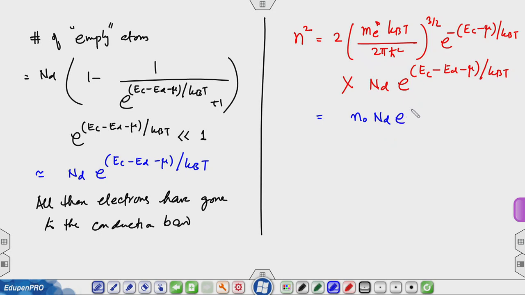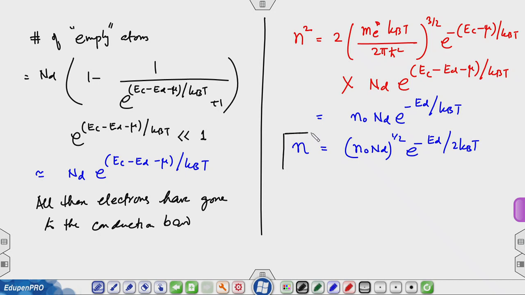And therefore, the number of electrons in the conduction band is N 0 N d raised to 1 half e raised to minus E d over 2 k b T. This is roughly the case.